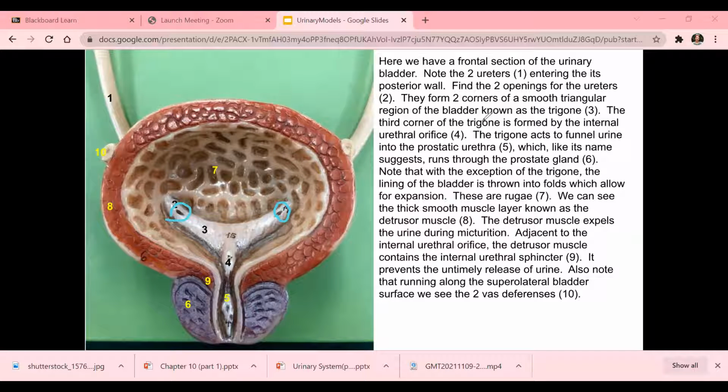The ureter passes about 1 to 1.5 centimeter in the wall of the bladder, and this muscle of the wall can work as a sphincter for the ureter. So we don't have any anatomic valve for our ureters. The next part which you can see in this picture is the urethra.